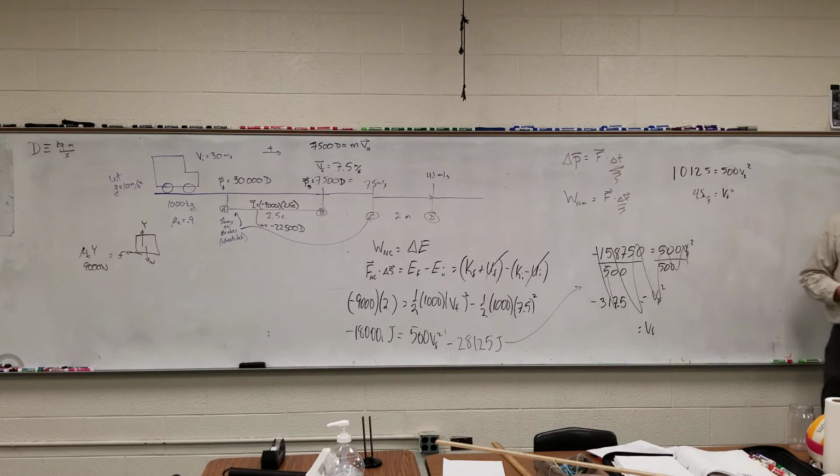Close enough. 4.5 meters per second. That is the final speed. If I ask for the final velocity, then from context you know it's still going to the right, so it's positive: 4.5 meters per second.